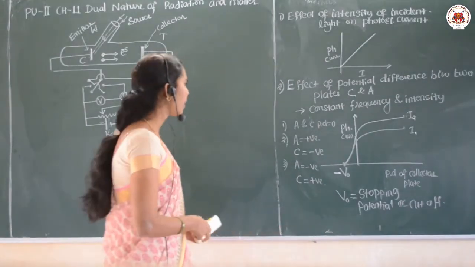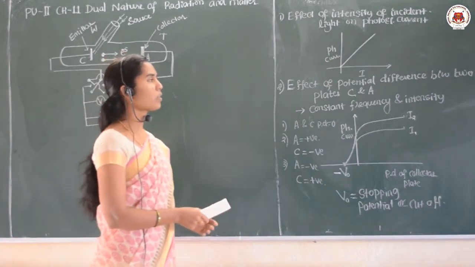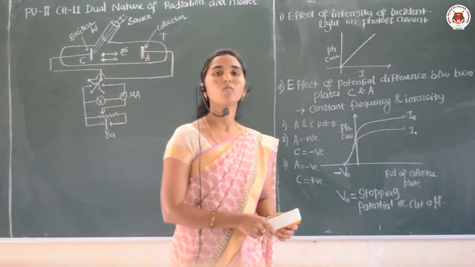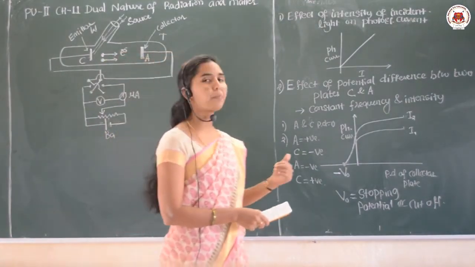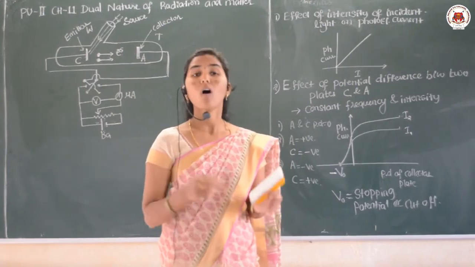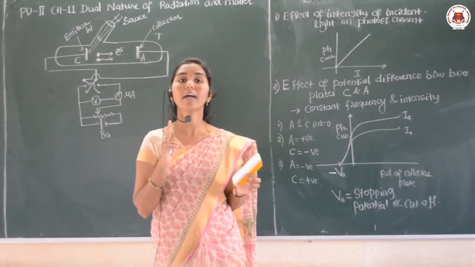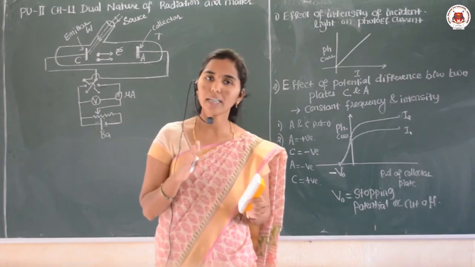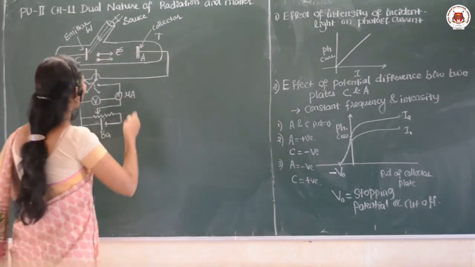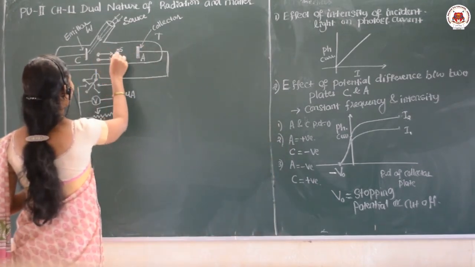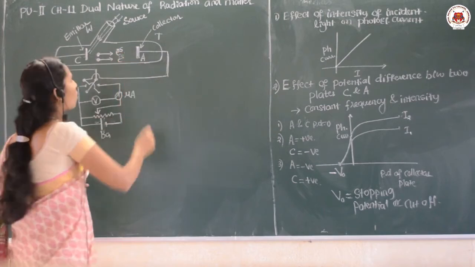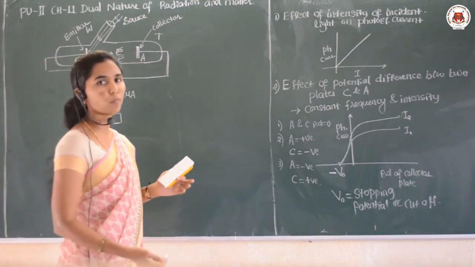Okay. So at this point, we also conclude two concepts. One is, after the photoelectric effect, all the photoelectrons do not have the same kinetic energy. Remember, dear students, here we know that many photoelectrons are being released and they are moving here.